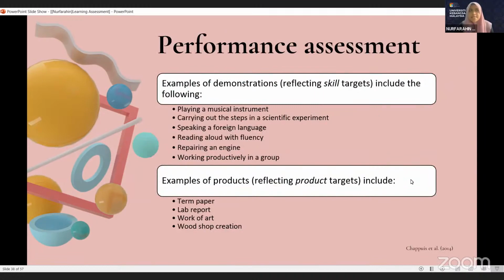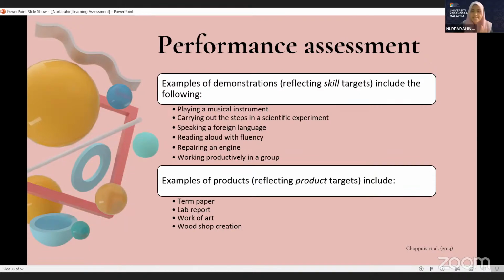The third assessment method is performance. In performance, you can assess the skills of the students. So here you can ask them to demonstrate, to play a musical instrument, to carry out steps in a scientific experiment, to speak a foreign language perhaps, to read aloud, to repair an engine, or to work in a group.